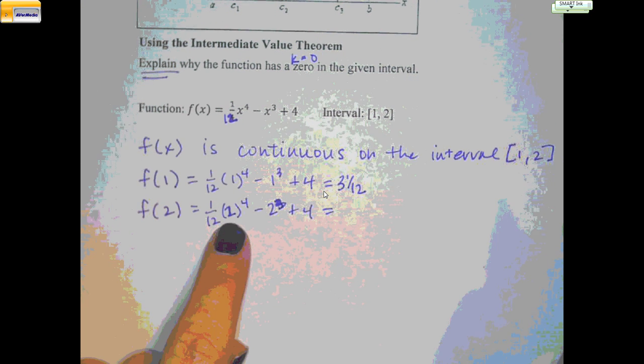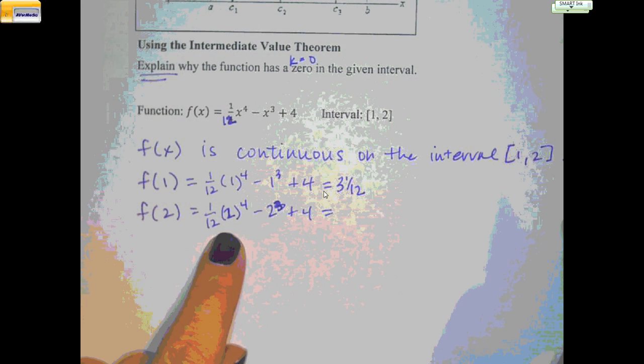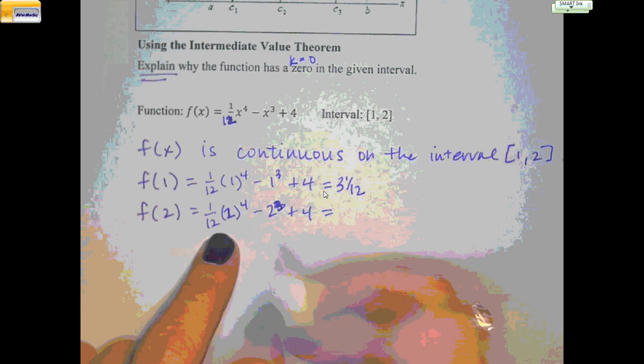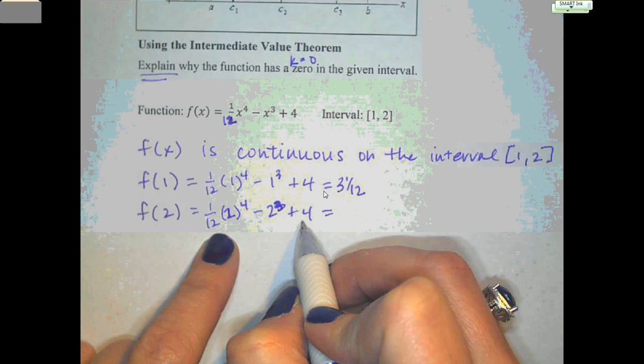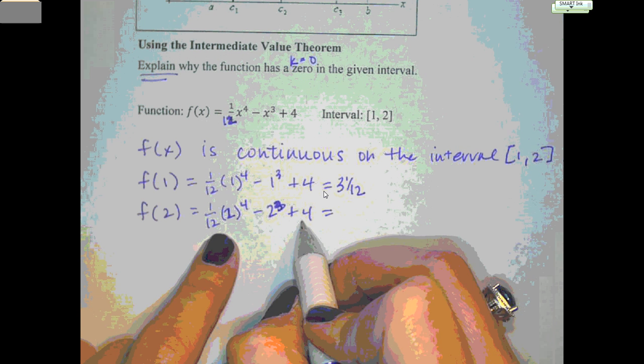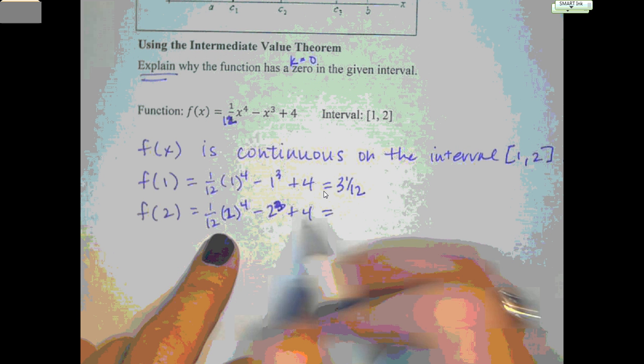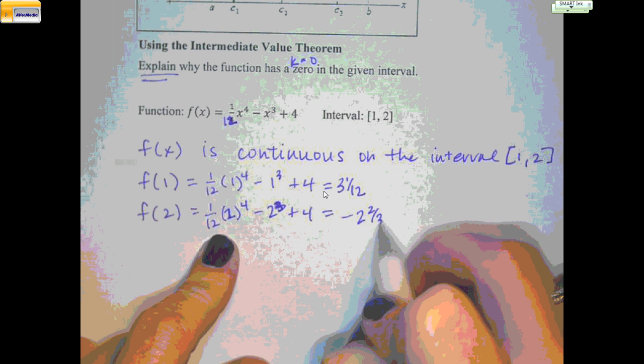Two to the 4th is 16. 16/12 would be 4/3, so 1 1/3. Put these together, you have -8 and +4, that's -4. So -4 and +1 1/3, -2 2/3.